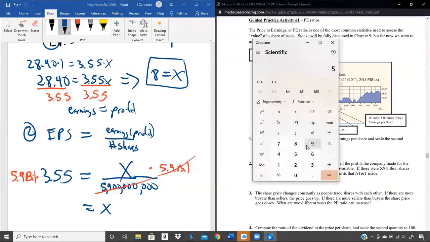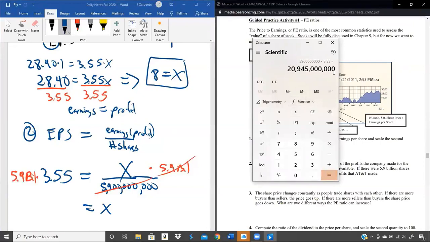So let's see, 5,900, and then 6 more zeros, 1, 2, 3, 4, 5, 6, times the 3.55. Let's see if this gives us something not in scientific notation. Good.